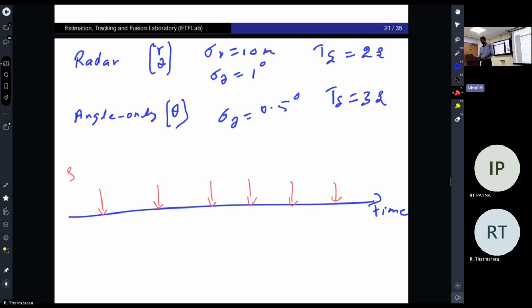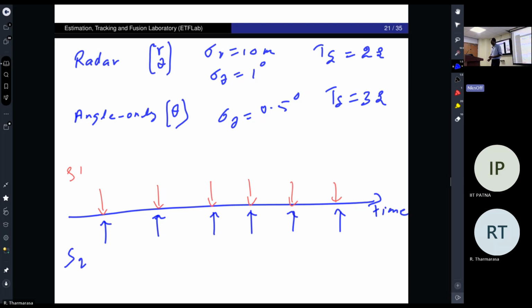This is sensor one. And sensor two gives the measurement exactly at the same time. This is called synchronous. Both sensors provide the measurement exactly at the same time. Then, in this case, you can use either sequential update or parallel update. Both are possible.